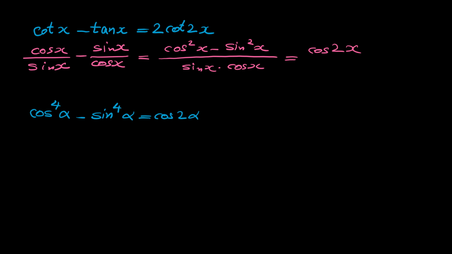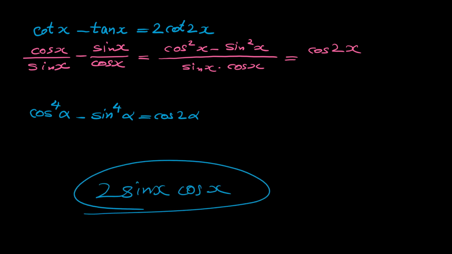What about the denominator? Sine x, cosine x. If you remember from the previous example that I showed you, if we have 2 sine x cosine x, this is sine of 2x. But we have only sine x cosine x. What can we do here?